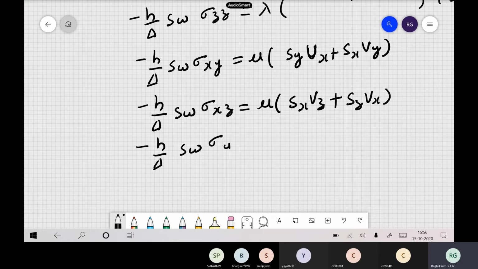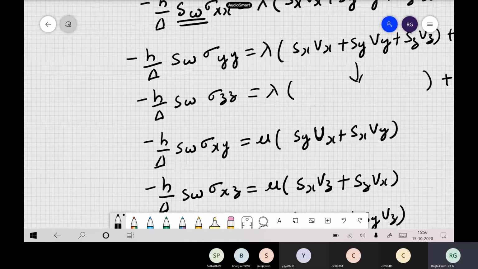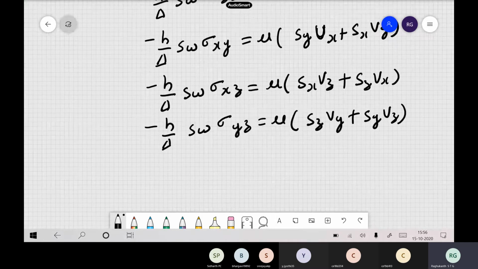So σyz is μ times (sz vy plus sy vz). So these are the final equations actually. In total, 6 plus 3, so 9 equations are there in the velocity-stress formulation.